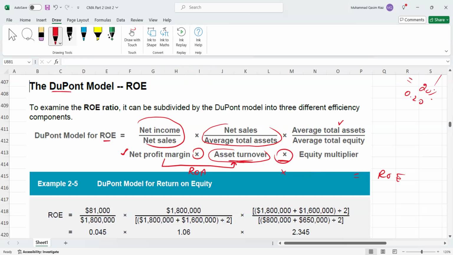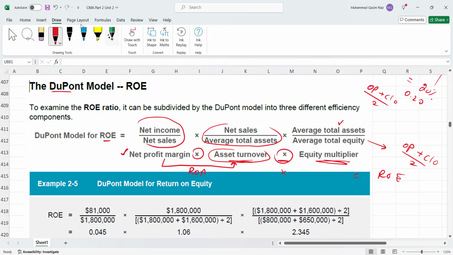Average total assets, I already told you, is opening assets plus closing assets divided by 2. Average total assets divided by average total equity. And total equity, I already told you, is opening equity plus closing equity divided by 2. This will give you average. So if you take average total assets divided by average total equity, this is called equity multiplier.